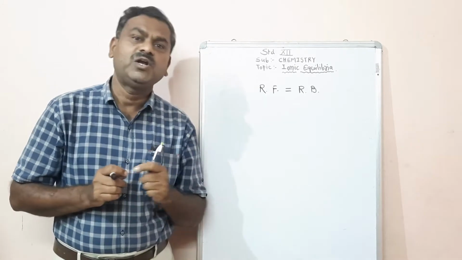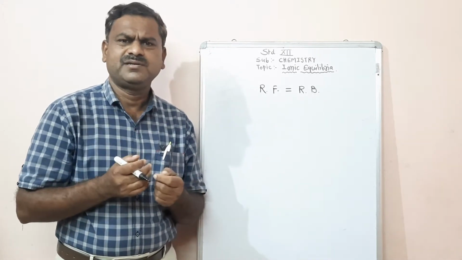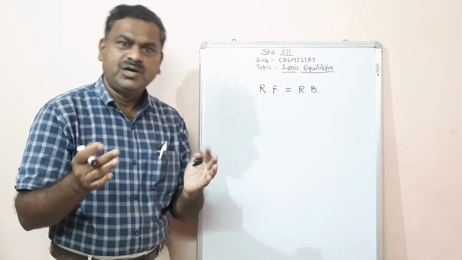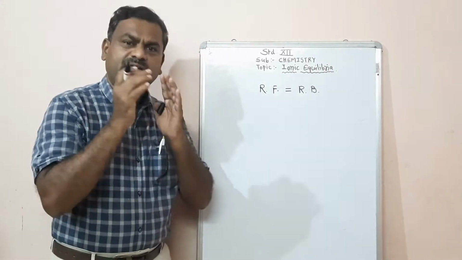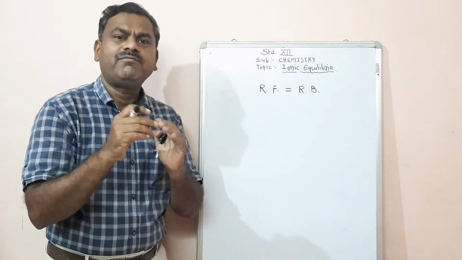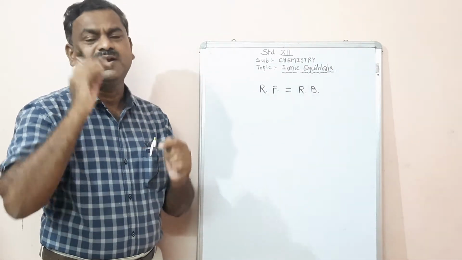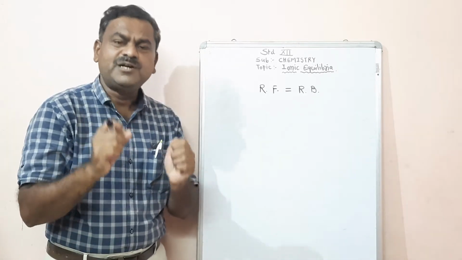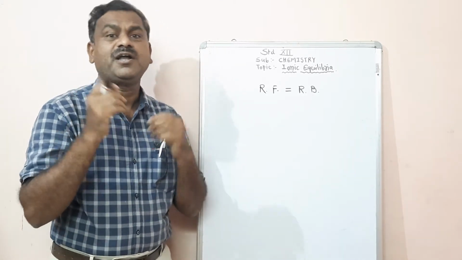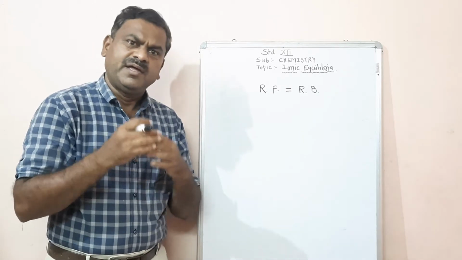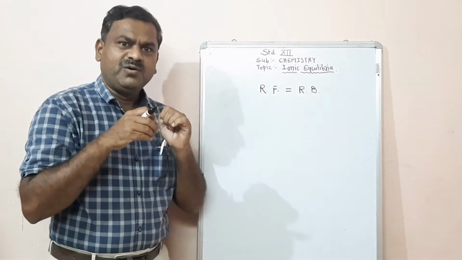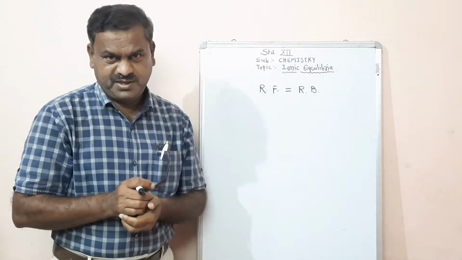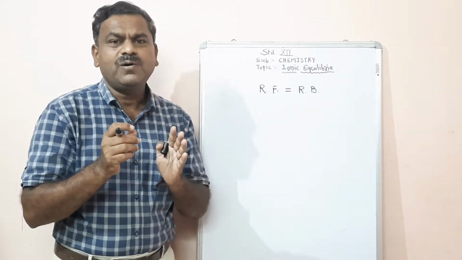In that chemical equilibrium, we have already seen how to determine the equilibrium constant. Then the ionization of the solution or the substance, then the concentration of the solution. Now today we'll see ionic equilibrium. Ionic equilibrium is what?